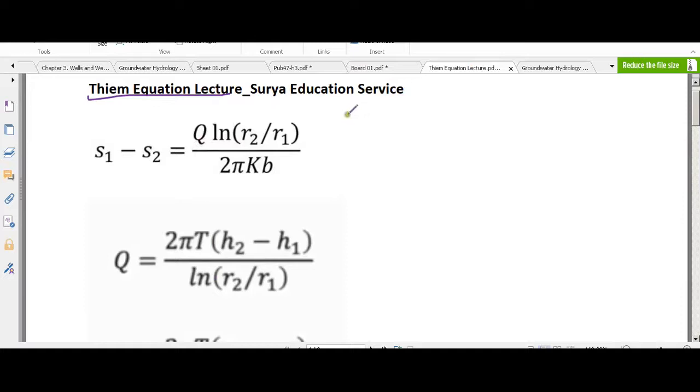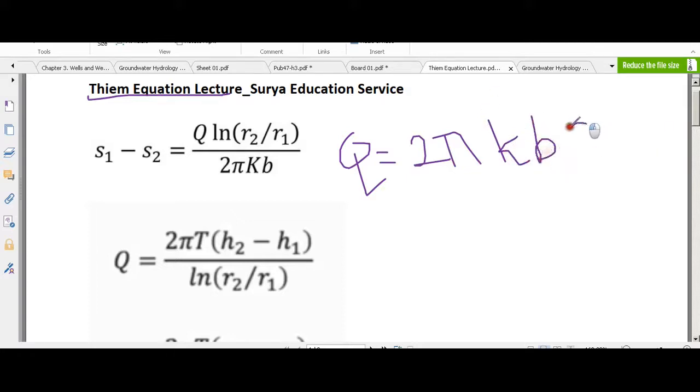Basically that equation is q equals 2 pi, the flow conductivity, times the width, times, keep in mind guys, it is h2 minus h1.